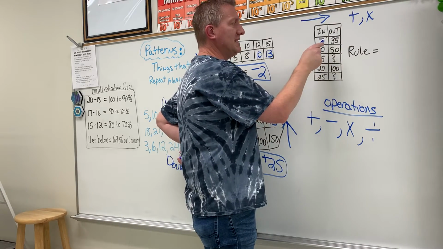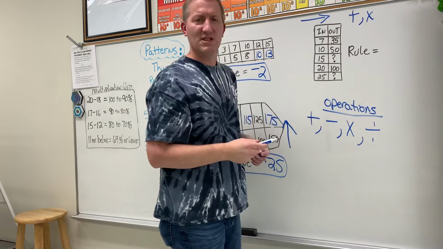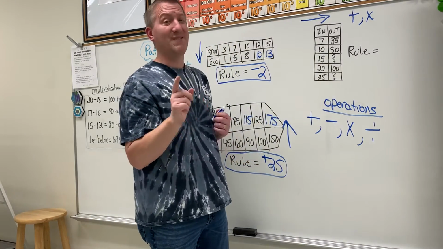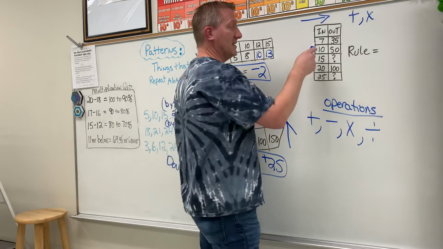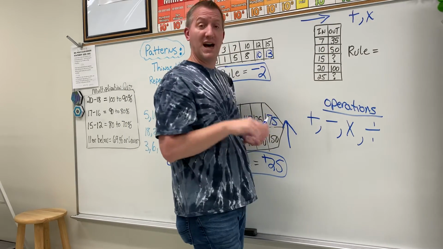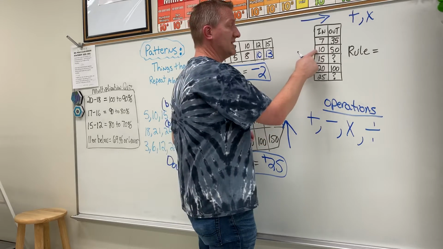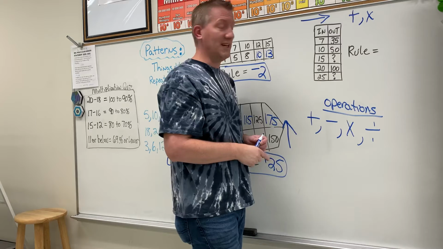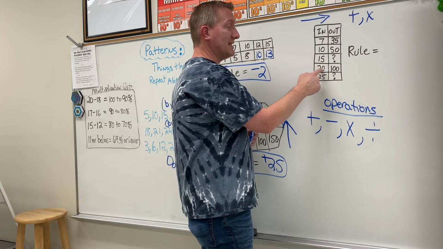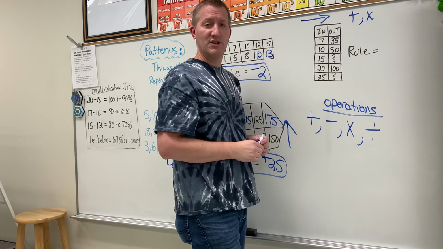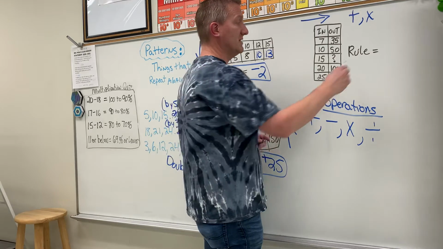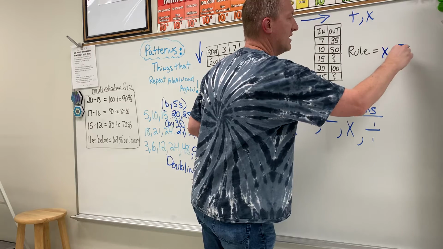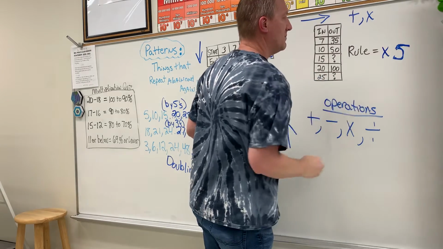So 7 times what equals 35? If you know your multiplication facts, then 7 times 5 is 35. Let's see if 5 works here. 10 times 5 equals 50, yep. 20 times 5, does that equal 100? Yep, sure does. So our rule is times 5.